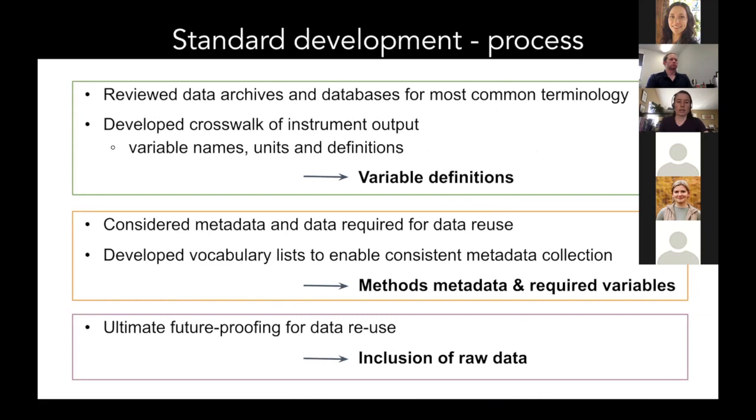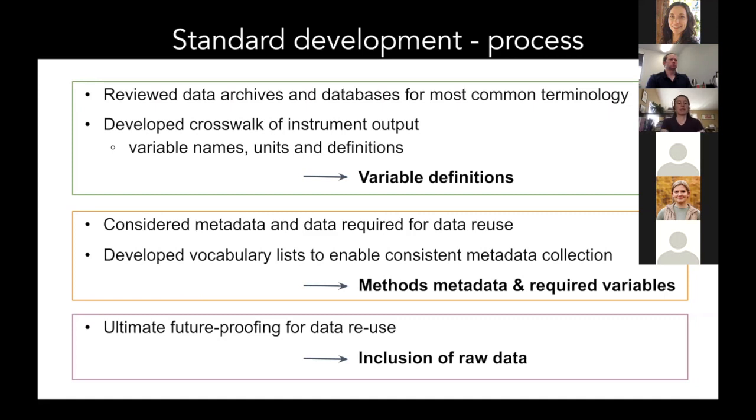And so this led to defining variables. And by this, we made variable names as short field names that could be used in a data table and be machine readable, standardizing units, and having a good definition of what that variable meant.